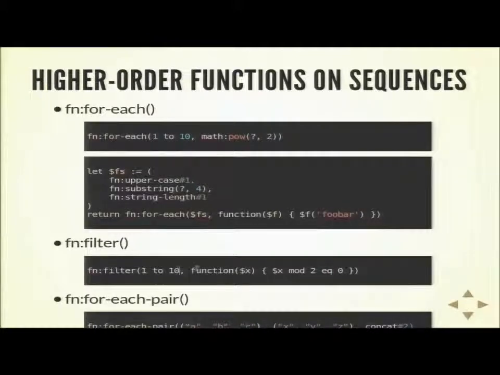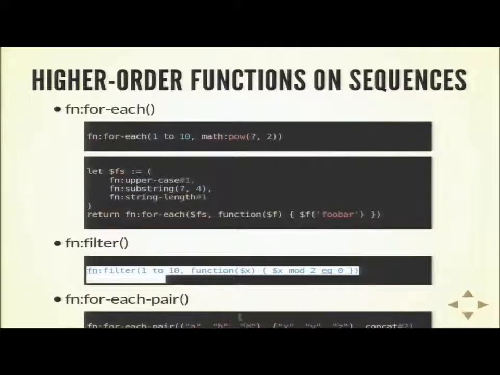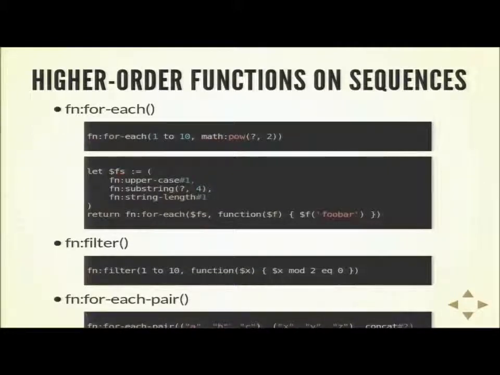We also have filters. In a filter, the second parameter is a function that returns a Boolean result, true or false. And what it does is it takes the input sequence and it returns those items for which it evaluates to true. We also have something called for-each-pair that takes pairs of items.